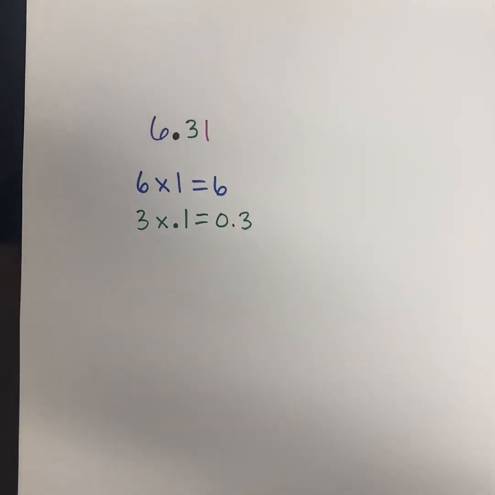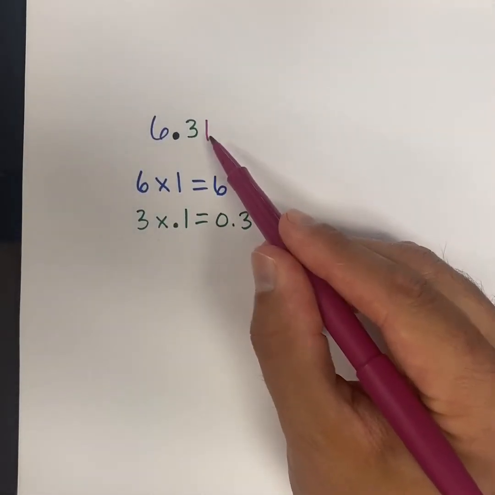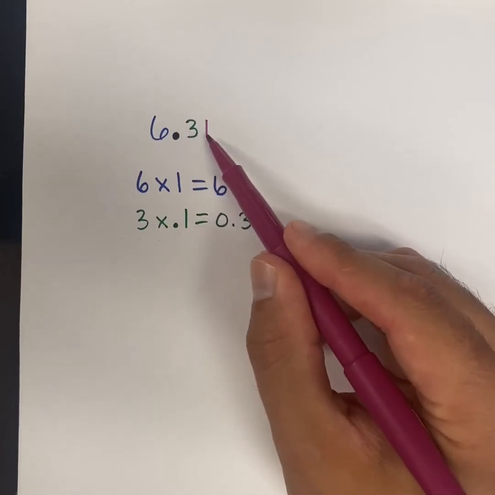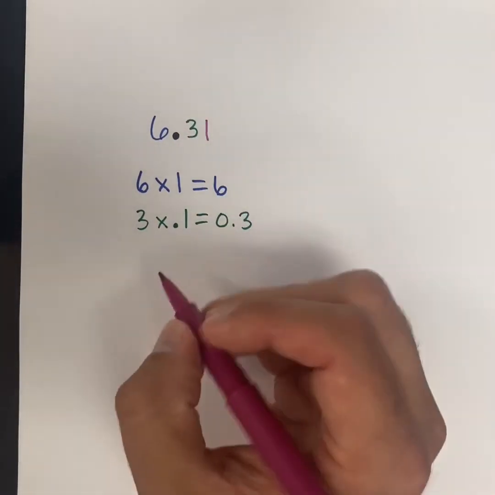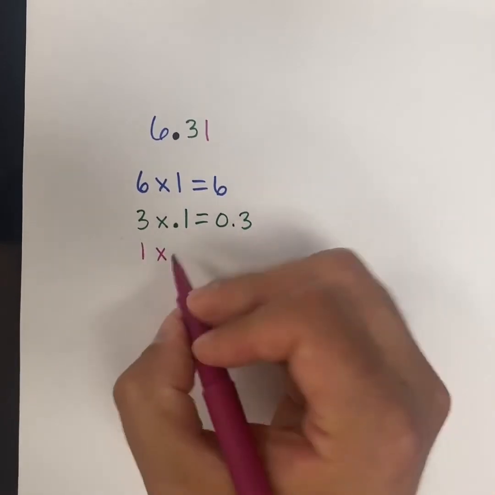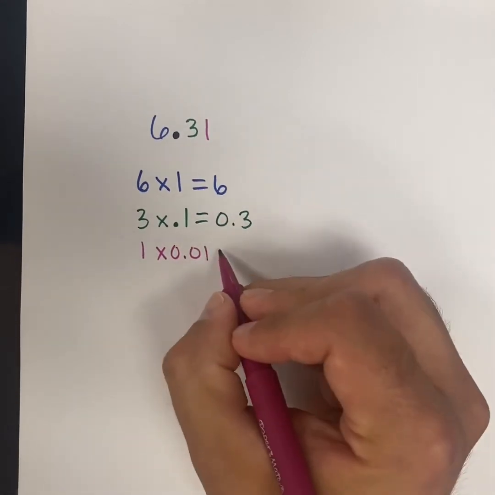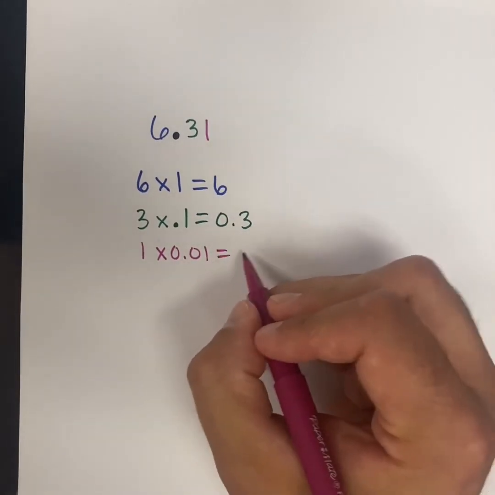That is the value of the 3 in this problem. And the final thing that we need to find the value for is this 1 right here. Remember, after our decimal, it's tenths, hundredths, thousandths. So we're in the hundredths spot. So we're going to take 1 times 100th. And that is going to be equal to 1/100th.